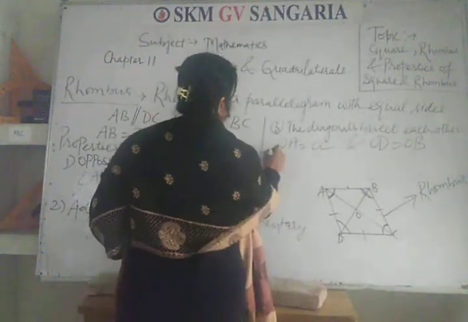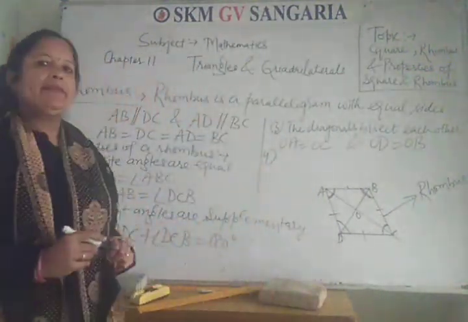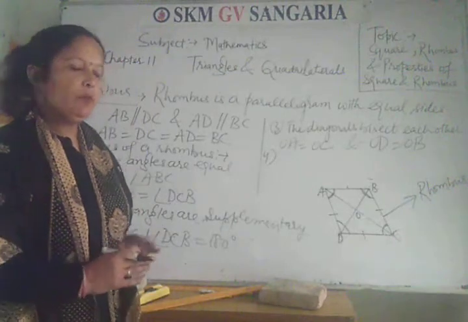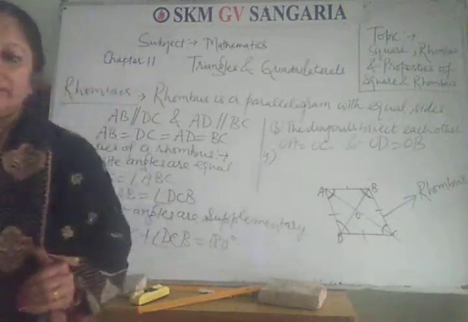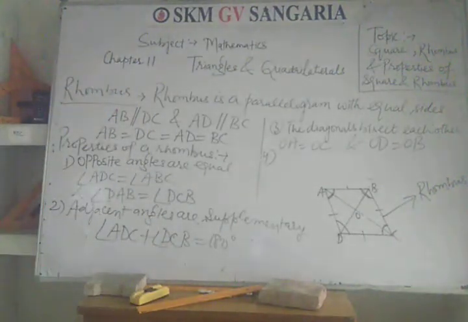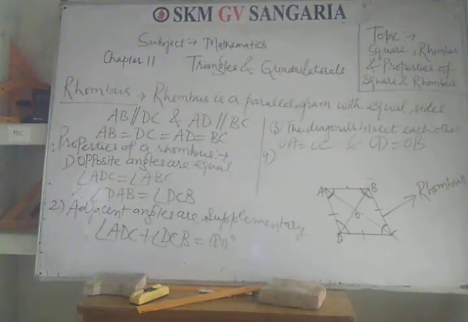Then the fourth property is that diagonals are perpendicular to each other. They bisect and are perpendicular to each other. The diagonals are perpendicular bisectors of each other.